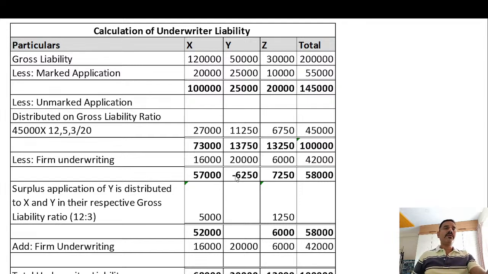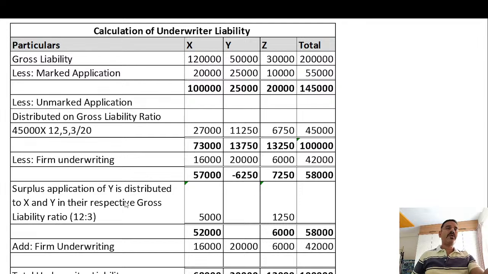Whatever surplus is there in Y's account has to be distributed to the other underwriters who have liability. So 6,250 you are going to distribute in their gross liability ratio, X and Z, that is 12 is to 3. Surplus applications of Y are distributed to X and Z in their respective gross liability ratio.